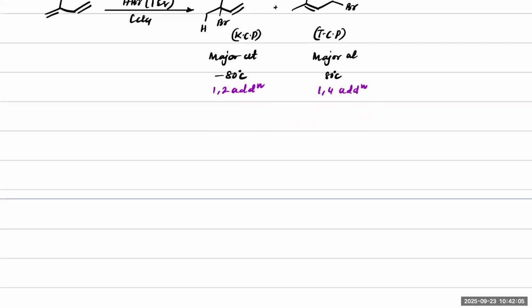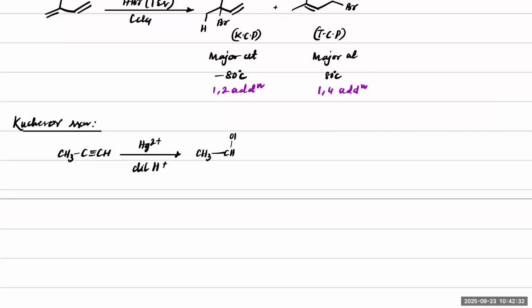Correct. Next, we have Kucherov's reaction. I told you this earlier also, that if you have CH3, C triple bond CH, and then you treat this with Hg2+ salt with dilute H+, in that case you will get an enol type of formation here with OH and CH2, following Markovnikov addition.